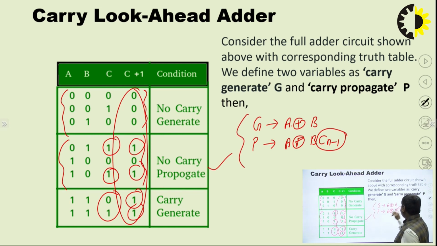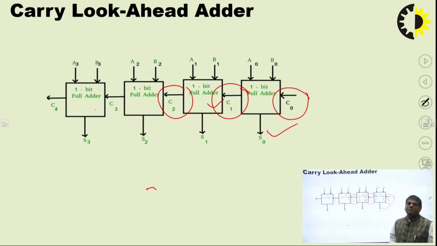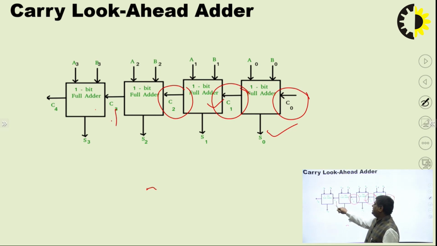This is the main mathematical function by which we find the advance carry, and this circuit is implemented here, here, here.